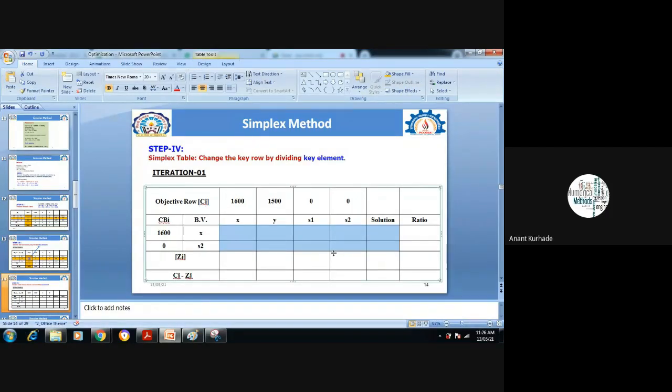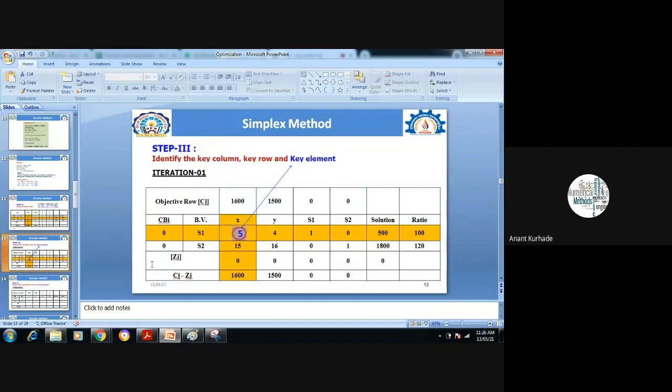And again, the most important part: in the first simplex table, we found X as the key column and S1 as the key row. But in the next simplex table, you cannot find X as the key column again. If one is finished, then you cannot find it again as a key column.